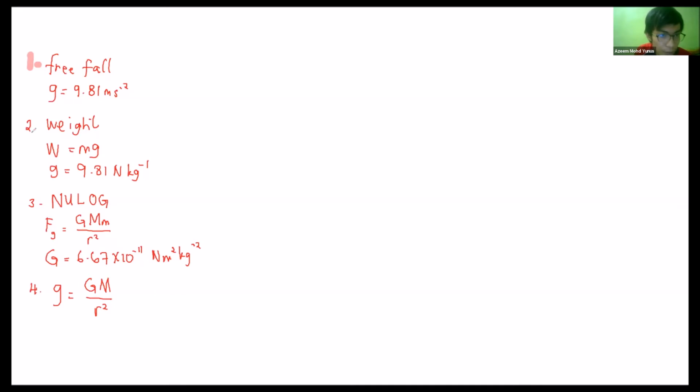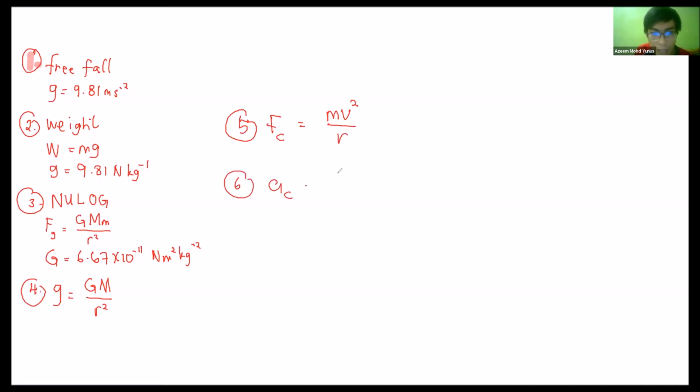Basically, number 1 is free fall. Number 2 is Newton's law of gravitation. Number 4 is the gravitational acceleration. Number 5 actually is the centripetal force, mv squared over r. Number 6 is the centripetal acceleration, v squared over r.